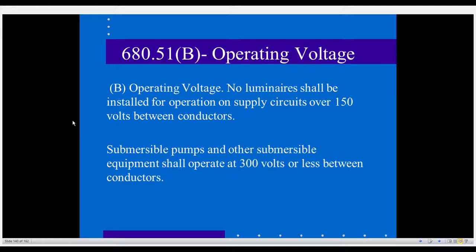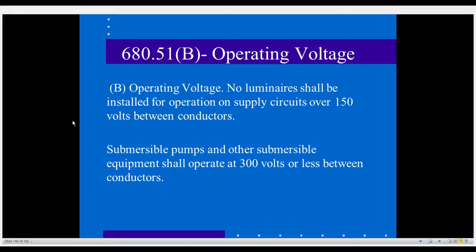How about the voltage limitation? All right, so we have operating voltage. No luminaire shall be installed for operation on supply circuits over 150 volts between conductors. Now, that's the luminaire. Now, we're dealing with the submersible pumps or other submersible equipment. They're going to operate at 300 volts or less between conductors. So for the lighting, you're looking at 120 volt types of applications.